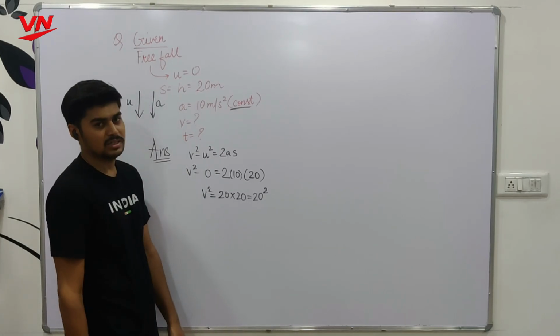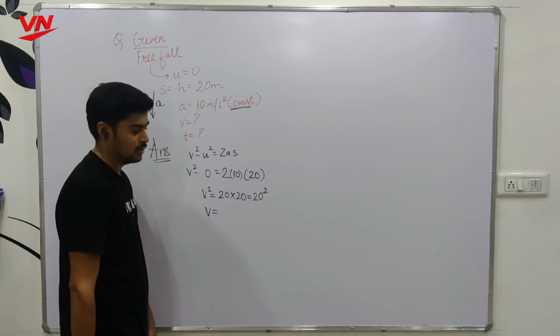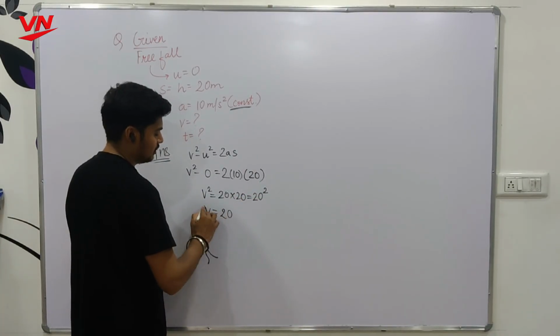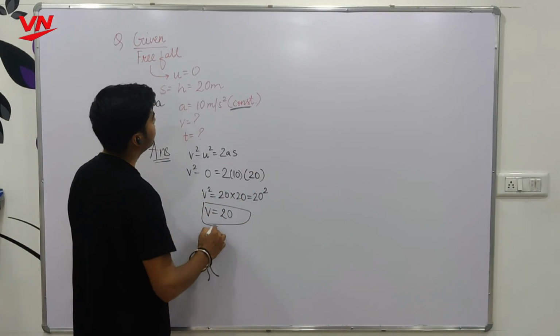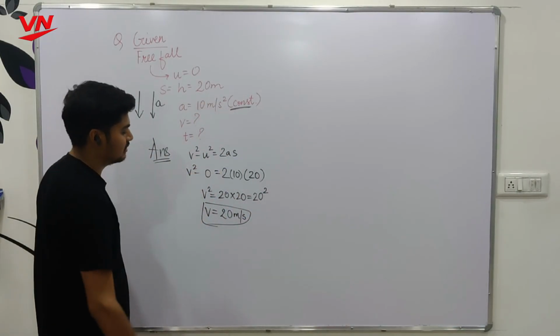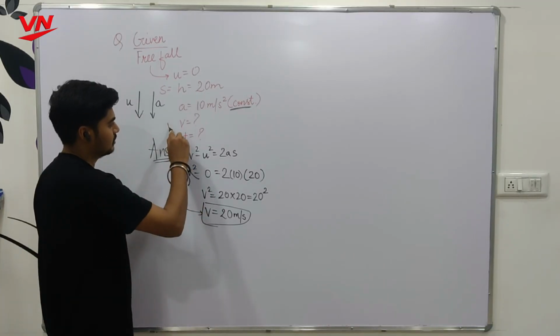I am not writing 400 because we have to calculate the velocity, not the square of velocity. If velocity square is 20 square, velocity will be 20 and the unit will be meter per second, as everything is in meter and second. That's how we have calculated the velocity.